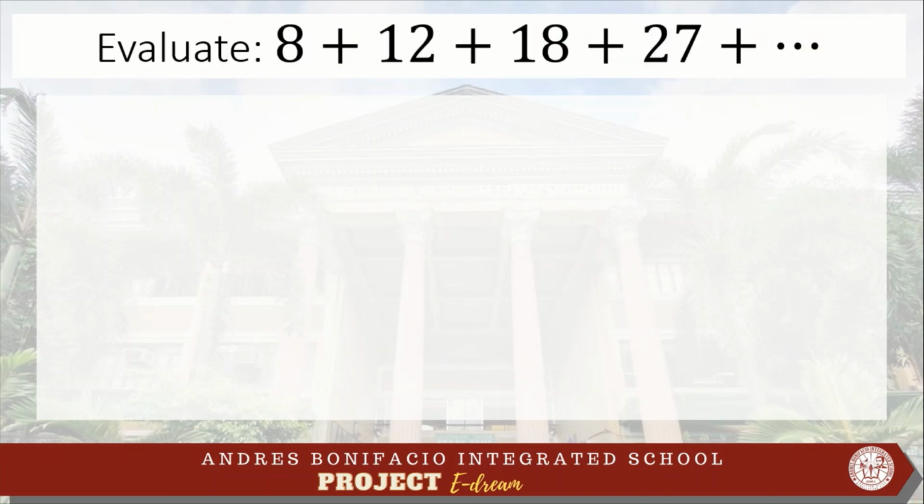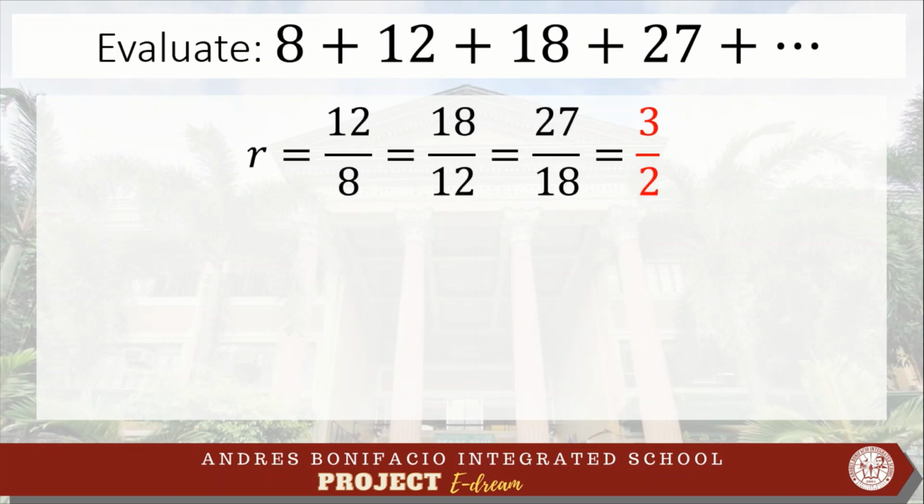Evaluate the infinite geometric series 8 plus 12 plus 18 plus 27 and so on. Let us first determine the common ratio by dividing two consecutive terms. So we may have the second term divided by the first term, 12 divided by 8, or the third term divided by the second term, or the fourth term divided by the third term.